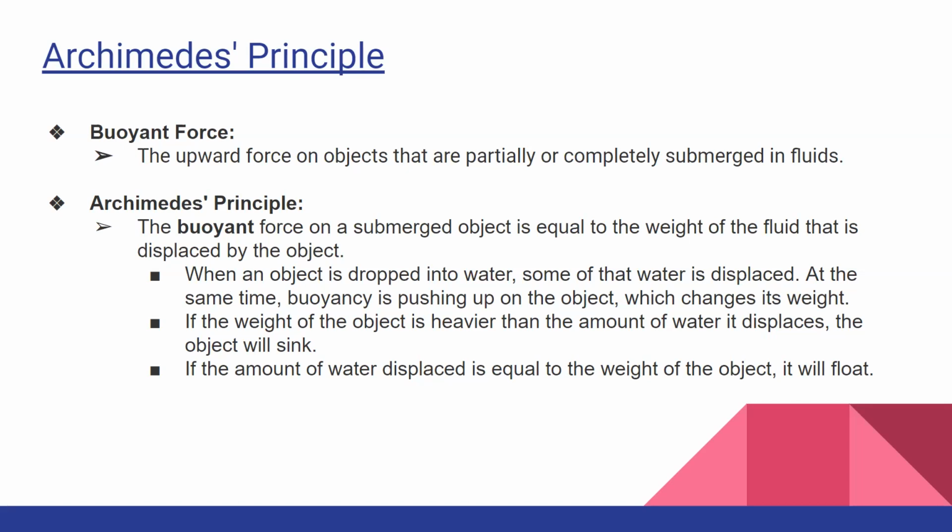If something is greater than that, it will sink because it's more dense than water, so it will fall to the bottom. The weight will always overcome the buoyant force. If it is less, it will just float. No matter how much you try to push it down, it will float back up.